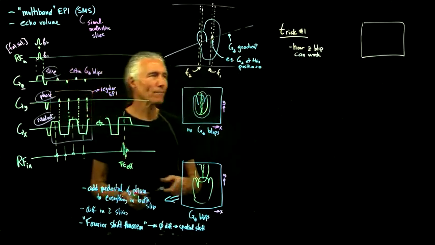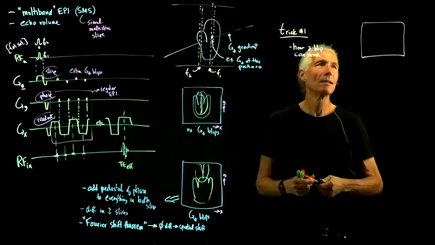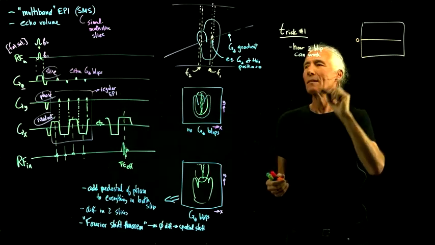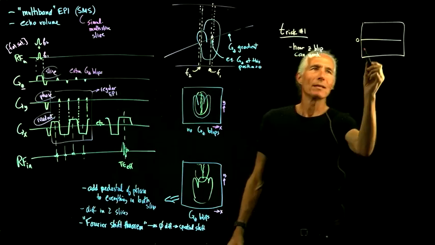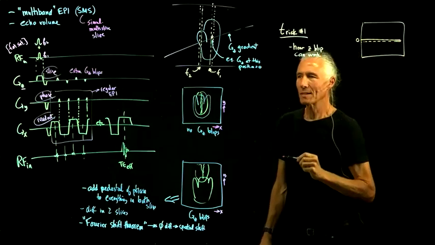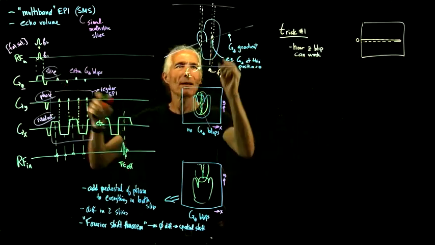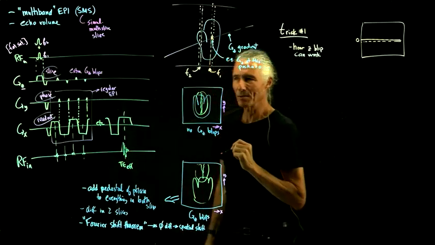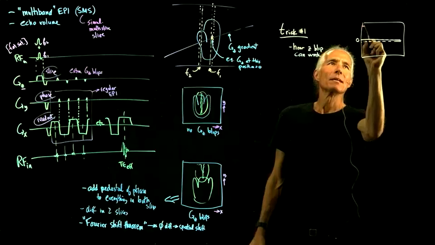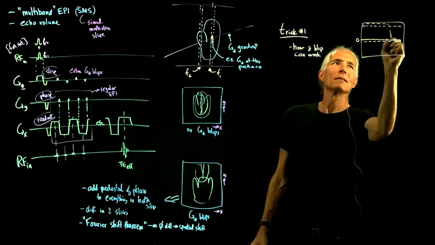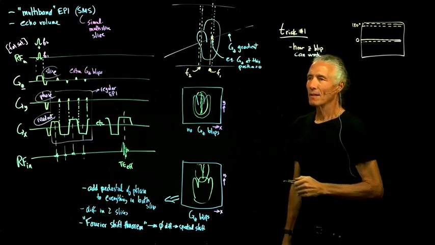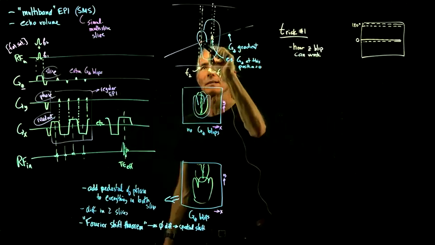But the problem is when you go back and forth, that doesn't completely compute. But let's just say this slice happens to be at the 0 of the gradient. So when you turn the blip on, if it's right at the 0, it won't do anything to it. It won't add any phase to it. And then we can say have a 180 degree phase flip at this part of the gradient, right here.